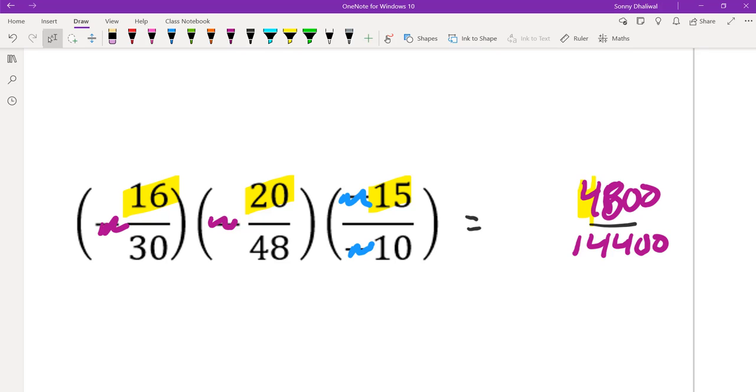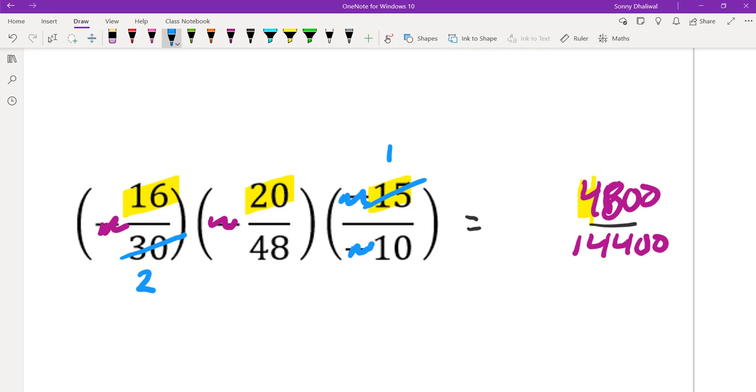Sadie? 15 and 30 can both be divided by 15. So I'm going to cross out: 15 divided by 15 is 1, 30 divided by 15 is 2. When we're doing our crossing out, one number gets crossed out at the top, one number gets crossed out at the bottom, and we're dividing both those numbers by the same thing.